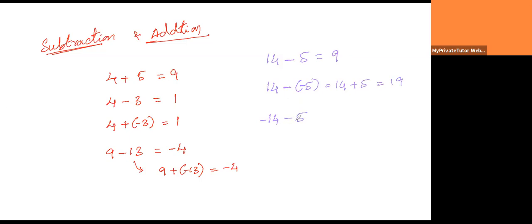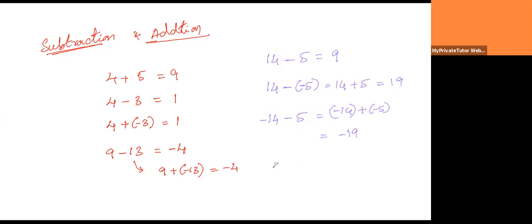You can see here we have a negative number, and this is a positive number. But if we change this to addition, what will happen? Minus 14 plus minus 5. So which means we are adding two negative numbers. So we are going to add, obviously, but we are going to put a negative sign.